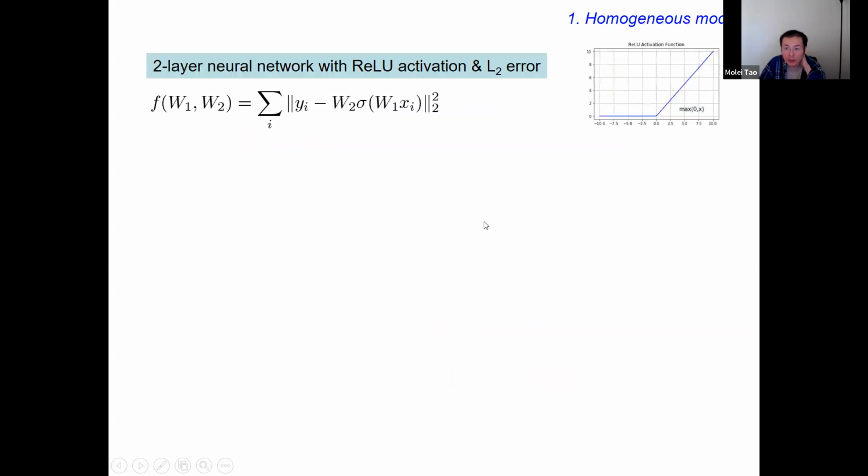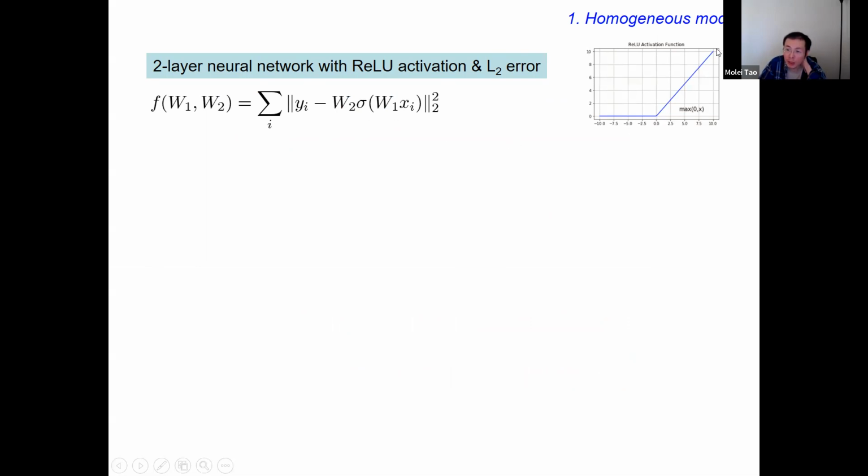The problem that we studied is called the homogeneous model. Let me explain a little bit what I mean by homogeneous model. A two-layer neural network with ReLU activation is a homogeneous model. You can easily define its objective function. It's a function of two matrices. Sigma here is the activation function.